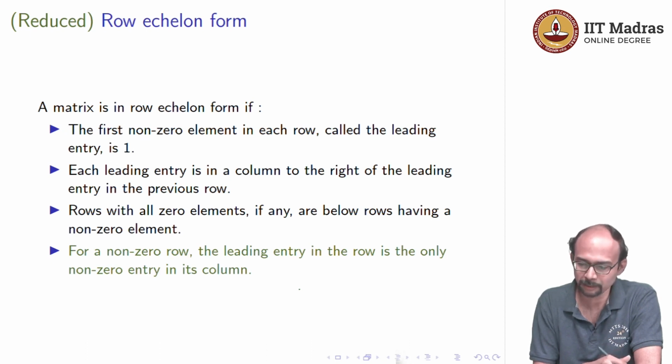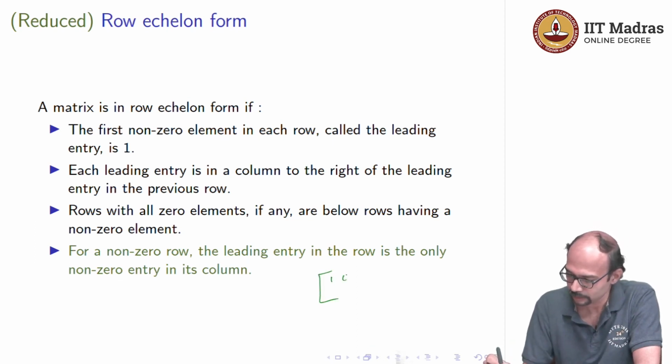Already the second requirement, that each leading entry is in a column to the right, tells you that below this one everything is 0. You can't have anything non-zero below this one, but you could have non-zero entries above this one. So, we say it is in reduced row echelon form if the entries above that leading one are 0.